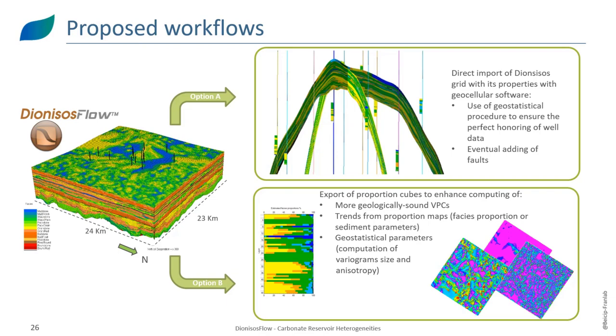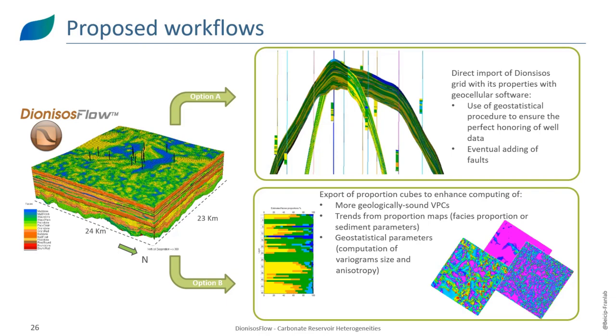So that is the option A category, which is a more or less direct usage of the forward stratigraphic model as your reservoir model. The other option is to extract soft constraints to use in whatever geostatistical methodology you adopt in-house. So for example, for TGS, you could extract some vertical proportion curves.